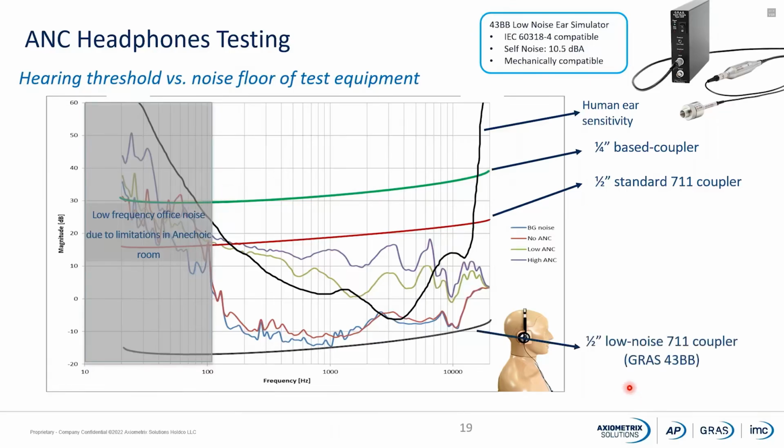But then let's look at the noise floor of the 43BB low noise ear simulator system. You can see that now with such a system, we'll be able to measure the ANC self noise, the circuit noise. And therefore, we will be able to measure what we can actually hear.